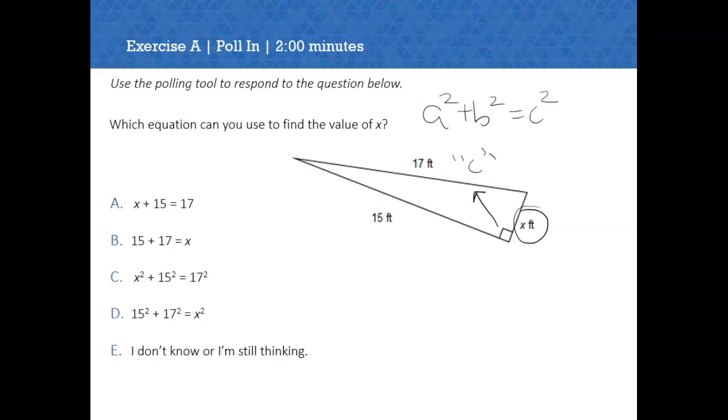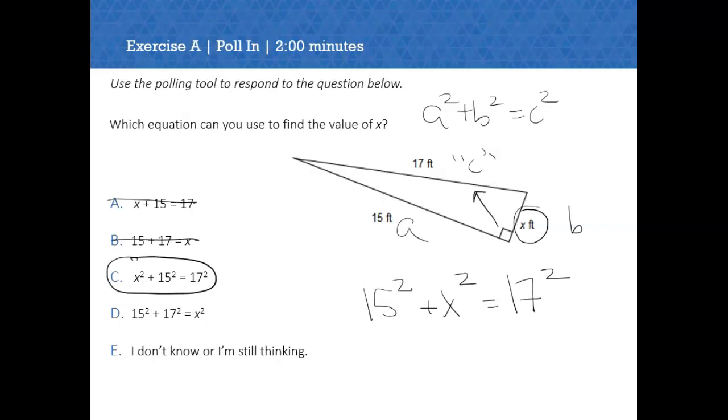We can call this a and this b, or flip them, it doesn't matter. 15 squared plus x squared equals 17 squared. So a and b don't work, there's no squareds. C works because it has that 17 squared as the hypotenuse. x squared plus 15 squared is the same as this, but you have to have that 17 squared by itself.